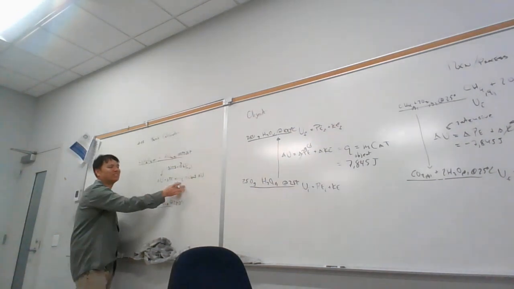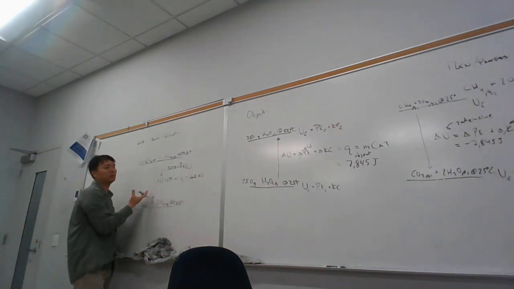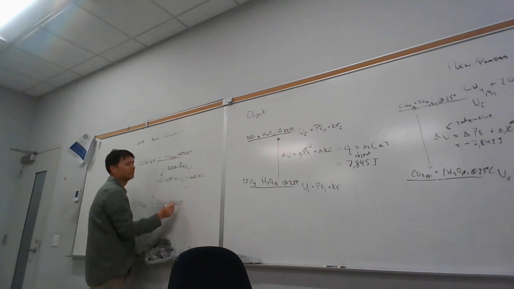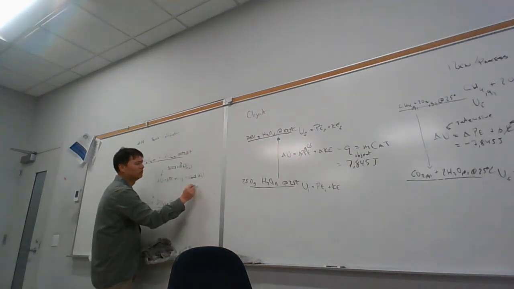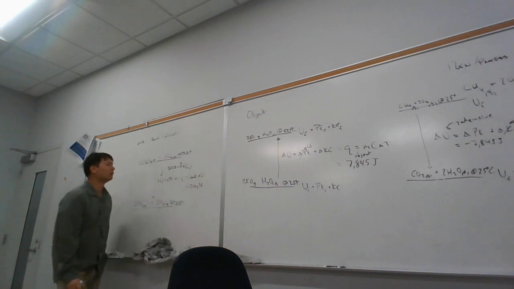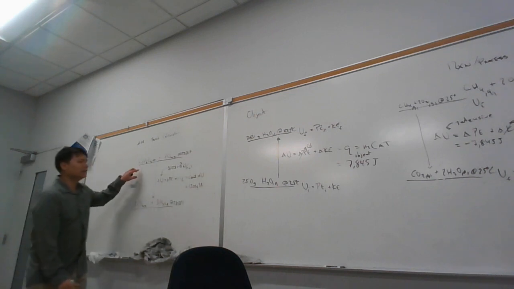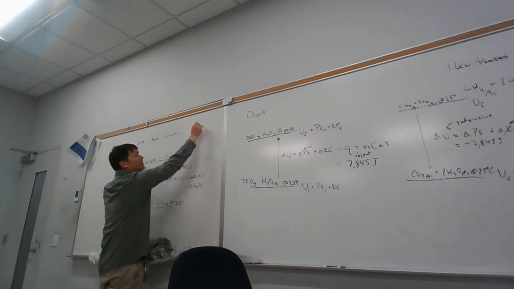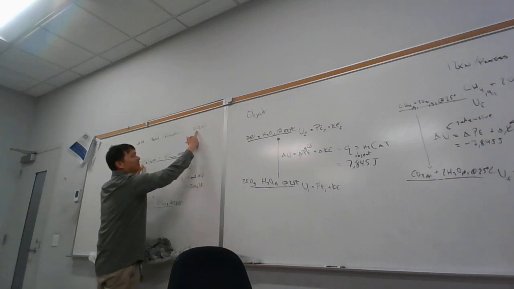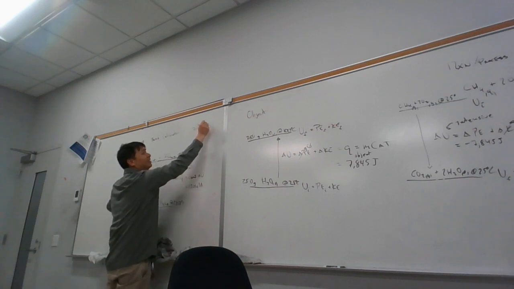So how much of this am I going to get? Well, how many moles did I burn? Let's figure that out. The amount is 1.201 grams of salicylic acid, SA for short. Now I need the molar mass of salicylic acid. I have 7 carbons times 12.01, which is 84.07.